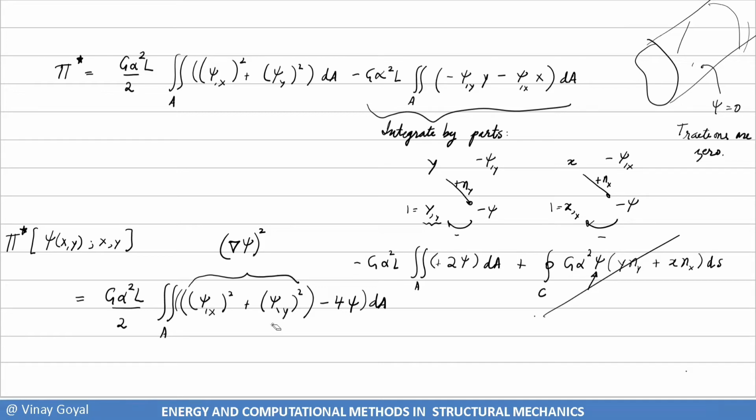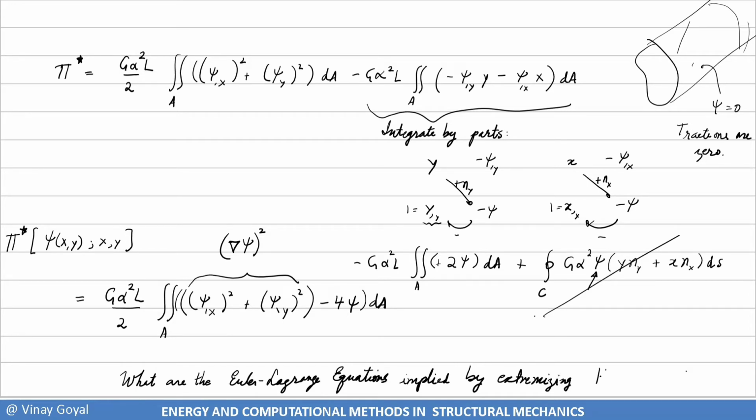Why don't we look at the Euler Lagrange equations implied by these. If I want to know what are the Euler Lagrange equations implied by extremizing pi star, we know how to do that.